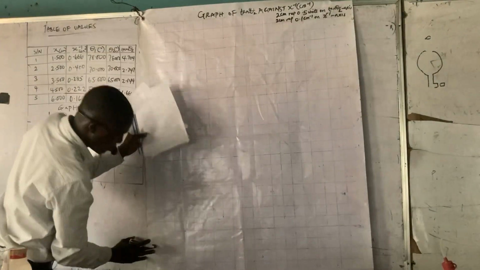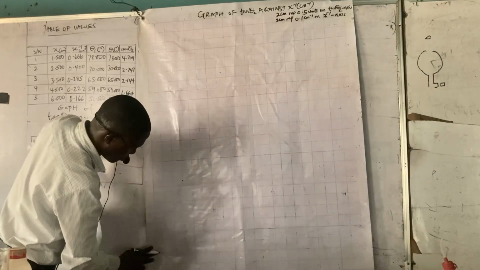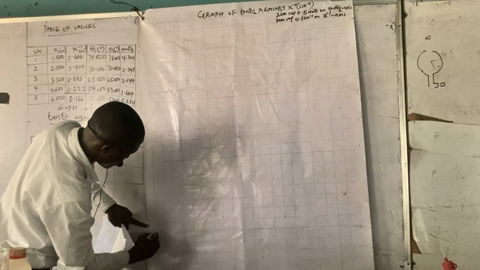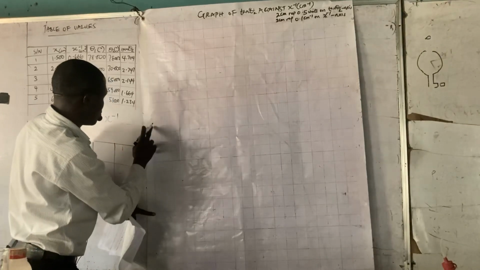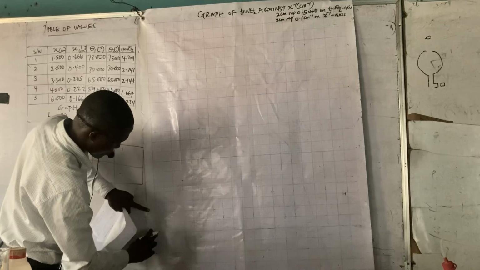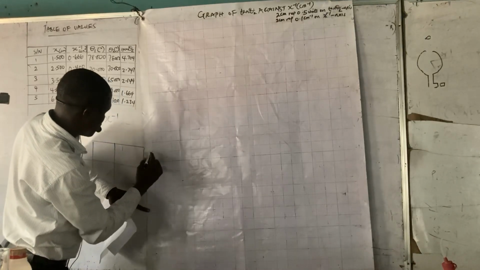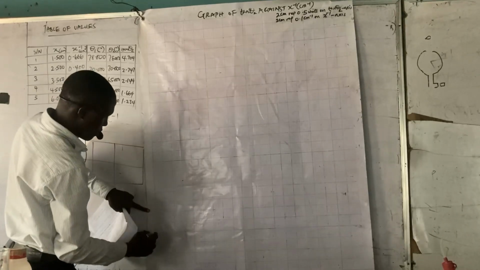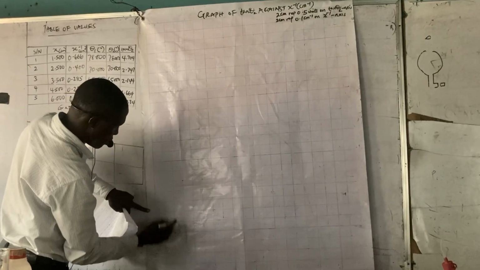So let's begin to fix our values. Here we said we should leave this one. From here we have 1, 2, 3, 4, 5, 6, 7. Okay, let's start from here. Let's say this is 1, 2, 3, 4, 5, 6, 7, 8, 9, 10. So now this is 0.0. Let's leave this point here so that we can have space here.